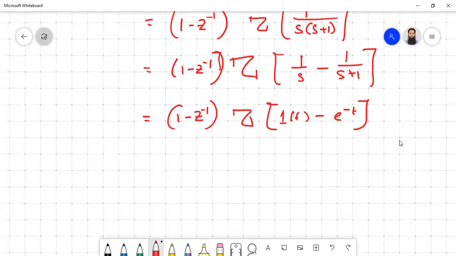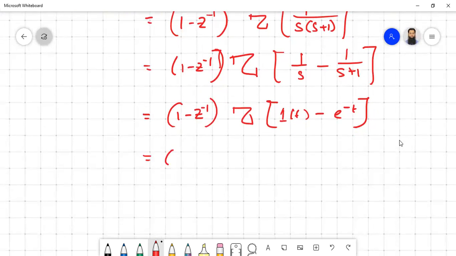From table 2.1, we know the z transformation of both of them. The z transformation of the first one is 1 by (1 minus z inverse), and the z transformation of this one is 1 by (1 minus e to the power minus T z inverse).